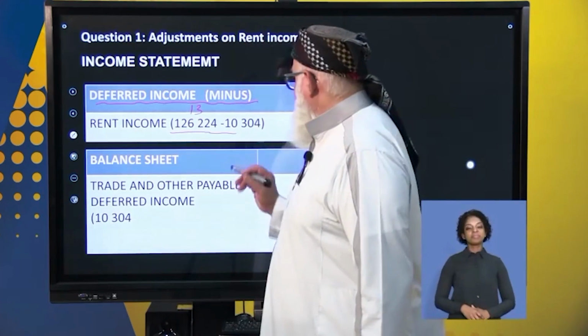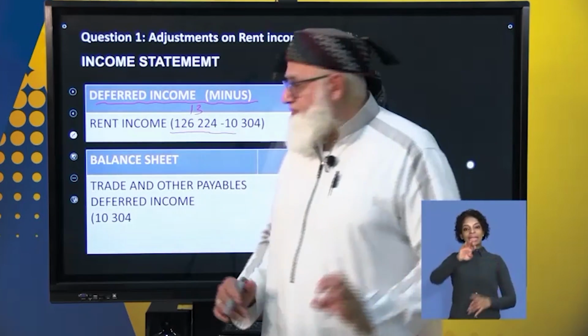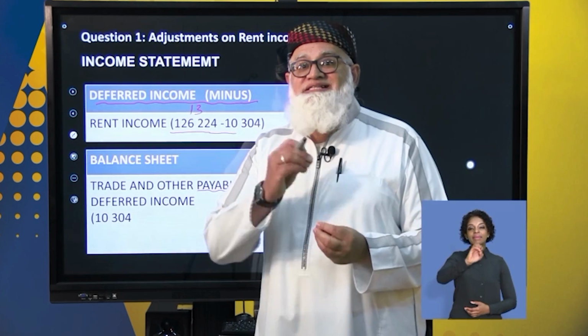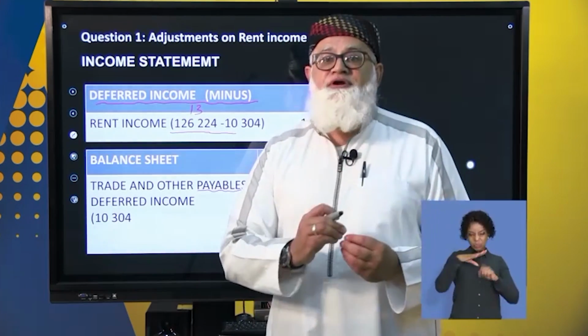Wow. Next one. How do we deal with this in the balance sheet? Very simple. In my balance sheet, I have an item called trade and other payables, okay? And underneath the trade and other payables, I've got an item called deferred income. Why? Because it's a temporary liability. Understand, it's a temporary liability.